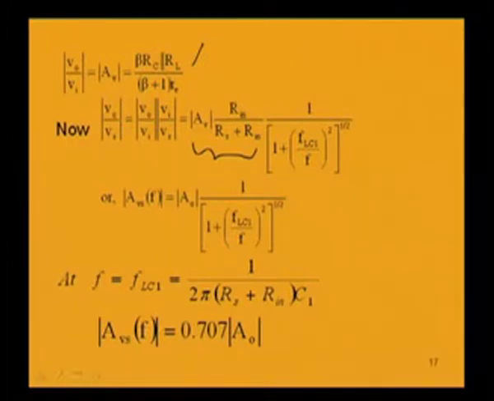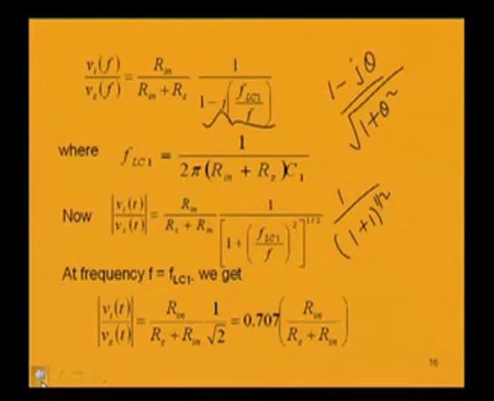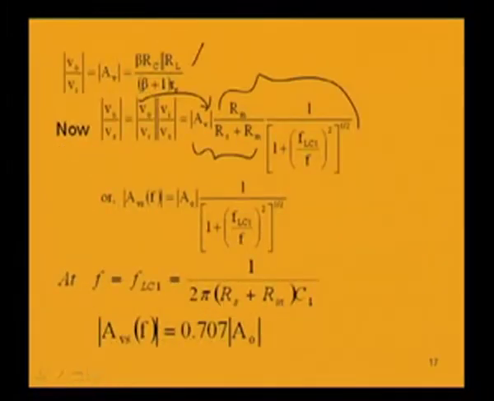This is V naught by Vi, which is AV, and this part is equal to Vi by Vs. Keeping it as it is, we are getting AV, which is the voltage gain V naught by Vi. Similarly, Vi by Vs, that was just now found out, which is Rin by Rs plus Rin into this part. That is what we are expressing, and we are considering magnitude, that is why I am writing only the magnitude part.